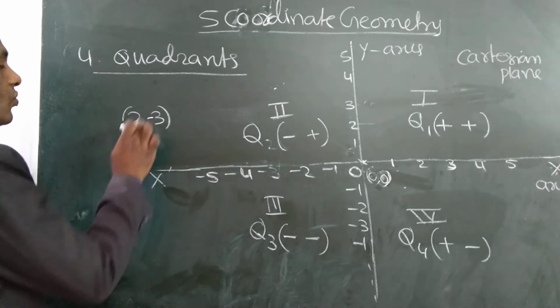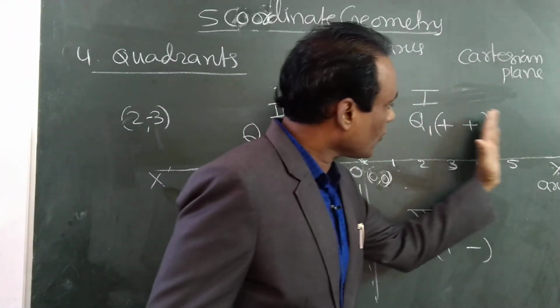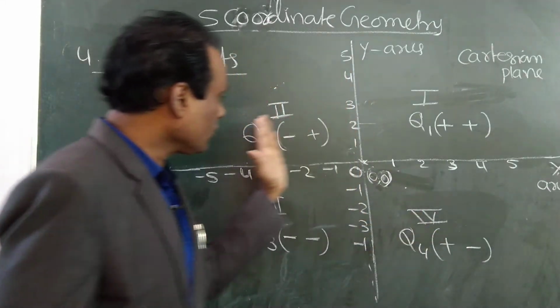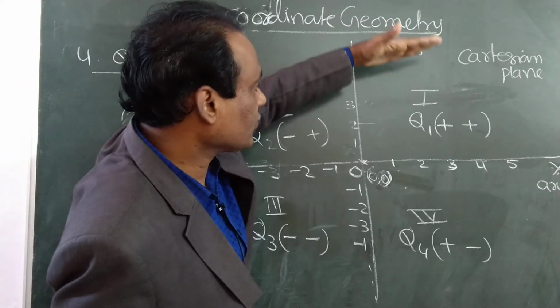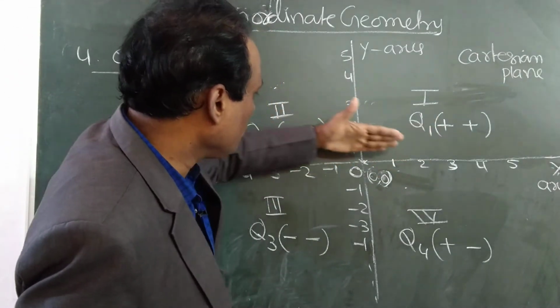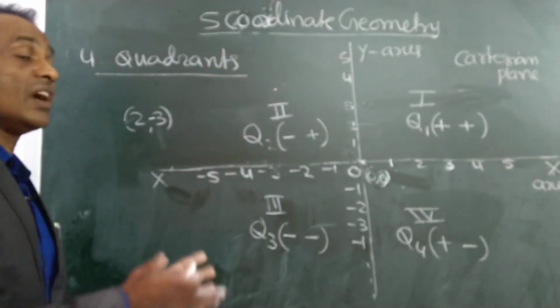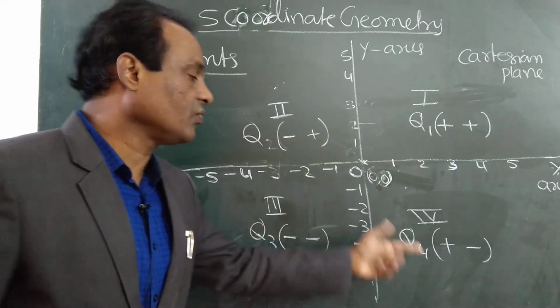Suppose x positive, y negative means fourth quadrant. This side x values are positive, this side x values are negative. Above x-axis, y values are positive, below, y values are negative. So like this the plane is divided into four parts.